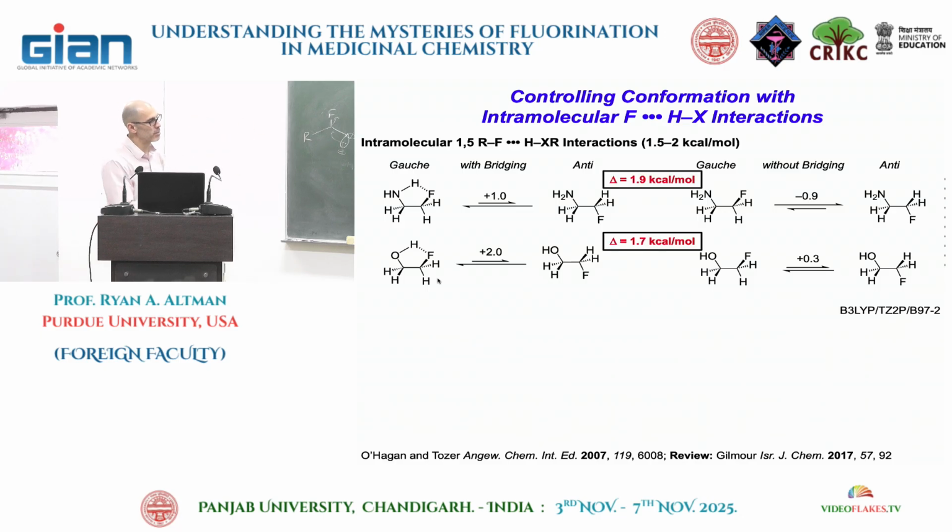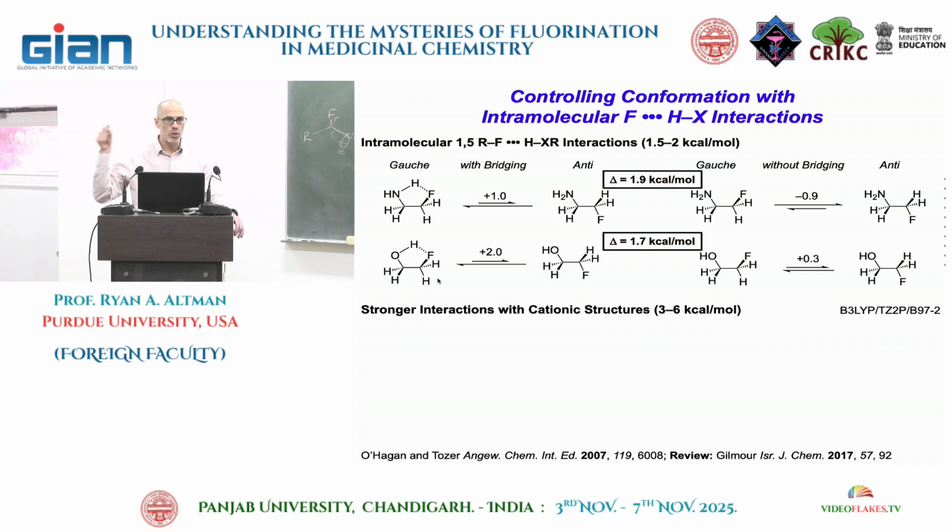Okay, so the energy estimates for those, I mentioned before, 1.7, 1.9, that range of 1.5 to 2 kcal per mole is what you want to be thinking about when you're thinking about intramolecular hydrogen bonding interactions with a fluorine atom and an acidic hydroxyl or amine.